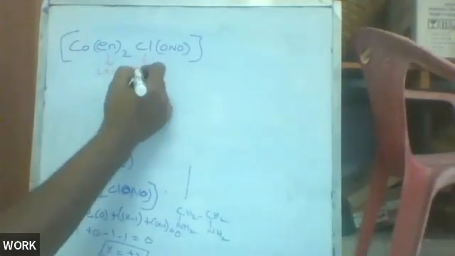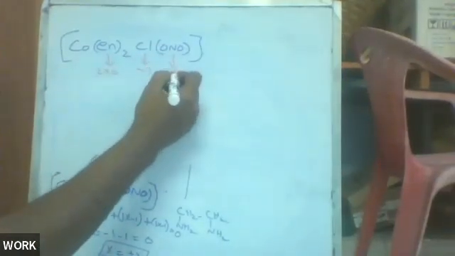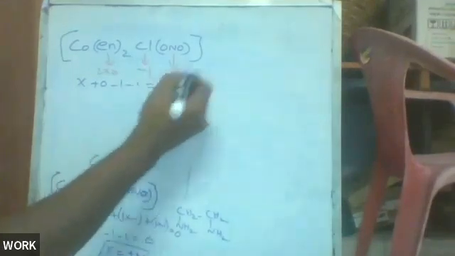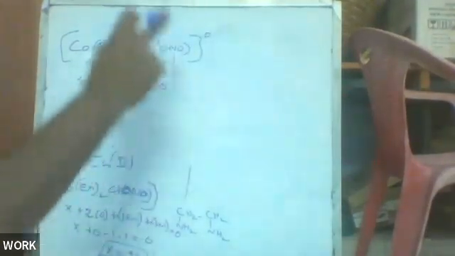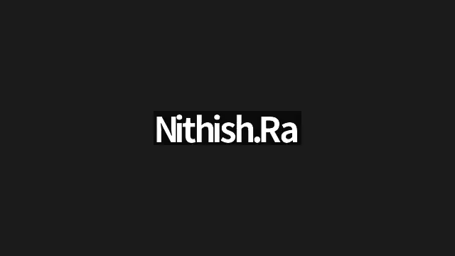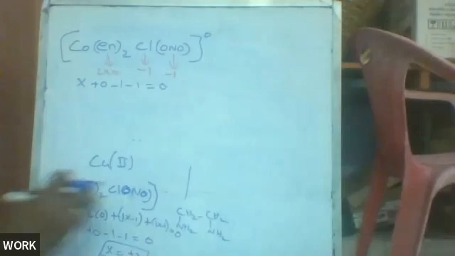This gives minus 1, this gives minus 1. So that's why I wrote X plus 0 minus 1 minus 1 equal to 0, because the coordination sphere, the overall sphere, has 0 value. Okay. Yes, sir. Now we'll see about the ligands, then it becomes very easy for you.